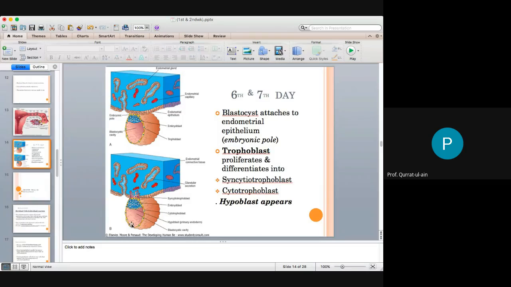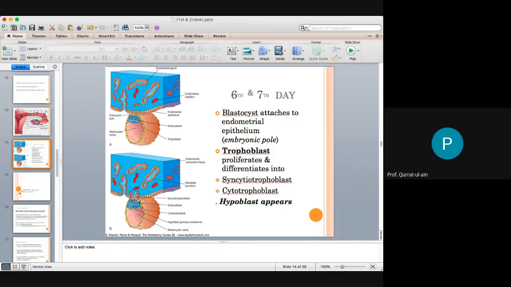So the trophoblast will attach itself to the uterine endometrium, and soon when it attaches, the cells of the trophoblast in this region proliferate, and they form finger-like extensions, and they form another layer of cells on the outer side of this main trophoblast.